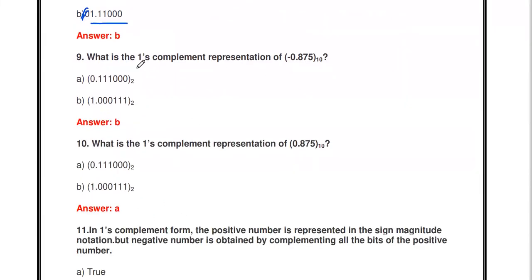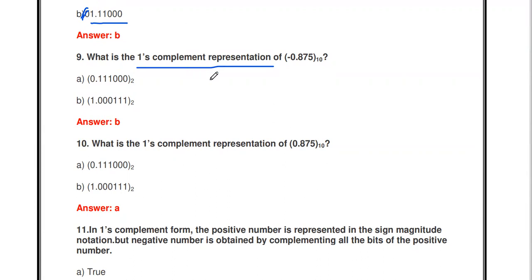The next question: what is the ones complement representation of minus 0.875? You know ones complement and two's complement representations are used to represent negative numbers.